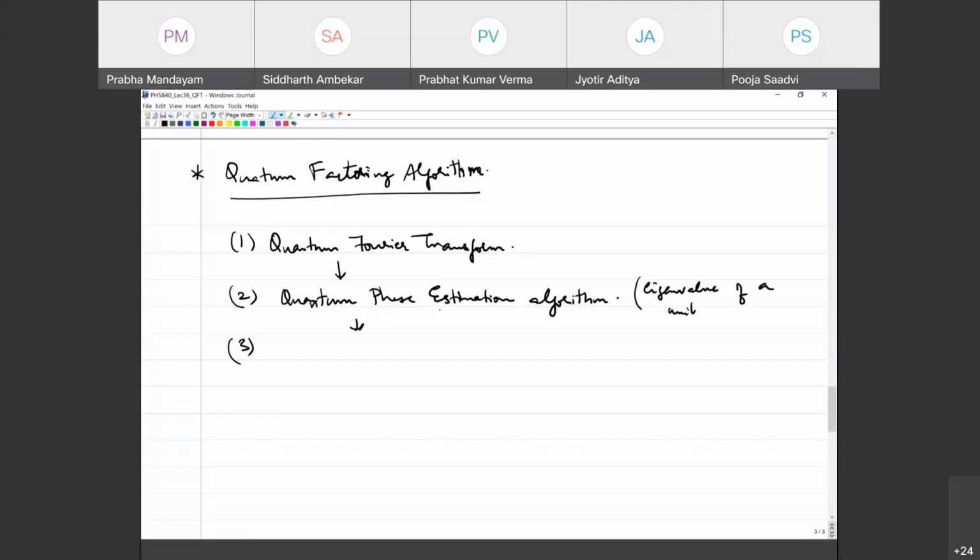Again, you may ask, why is that useful? What computational problem does that solve? Well, it turns out that this solves something called order finding. Order finding is a certain number theoretic task, okay, which is at the heart of factoring algorithms.